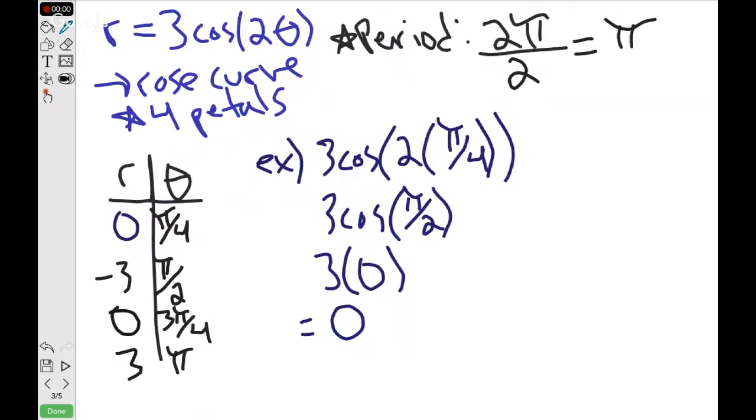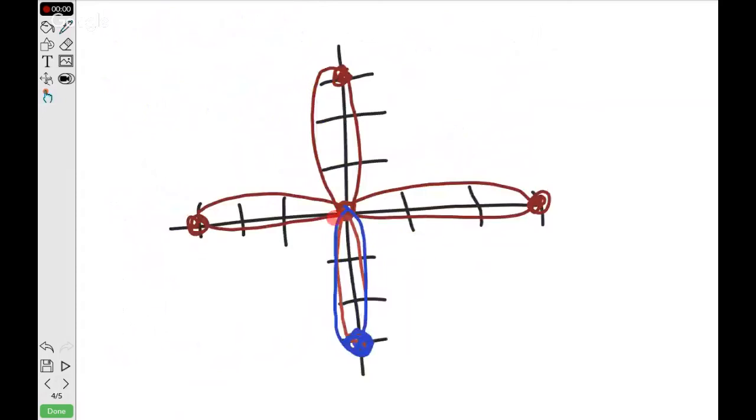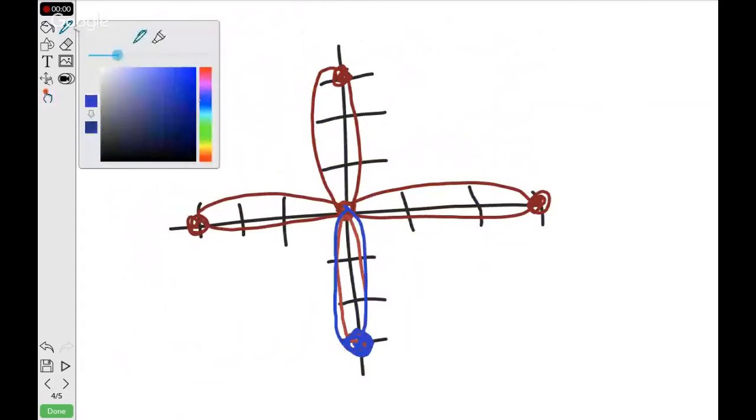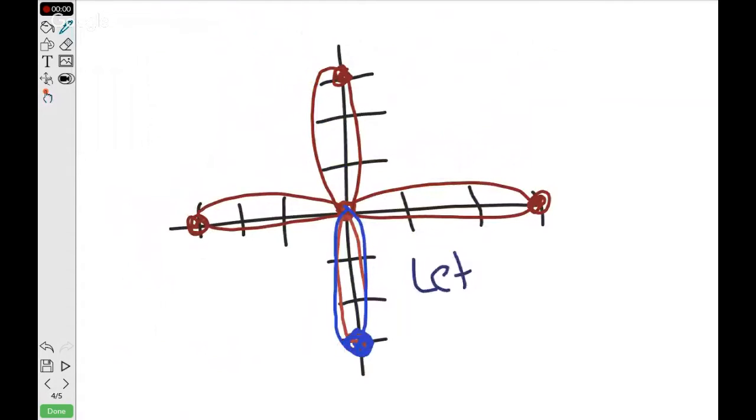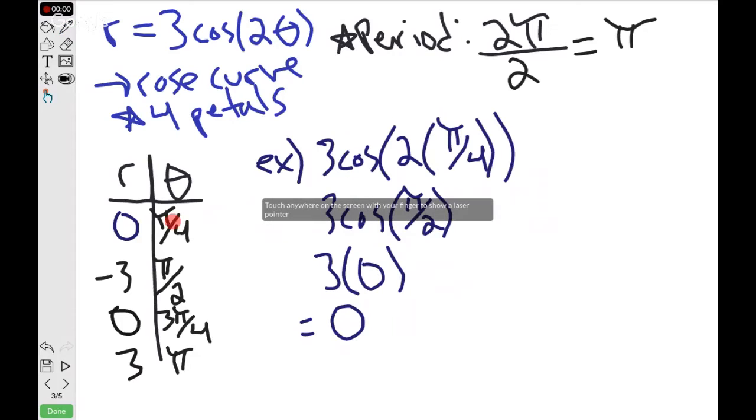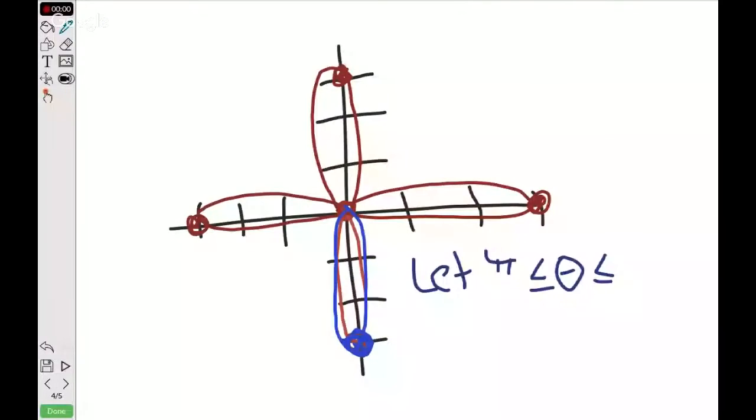So what I could say is, if I limit theta, going back to my table, between pi over 4 and pi over 2, so let theta be between pi over 4 and pi over 2.